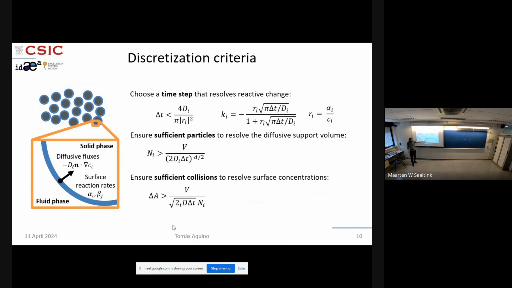But the argument is basically this. For this, it's a similar idea, but what you're trying to say is there's a delta A region here, and I want to estimate concentration. So within a time step, I should have enough particle hits that I can get a good estimate of concentration out of it.